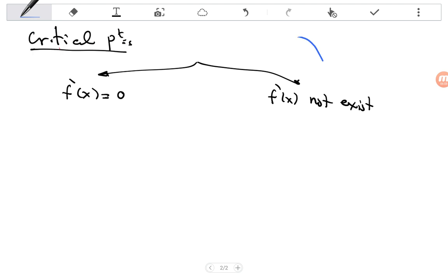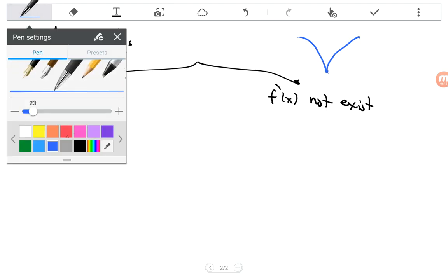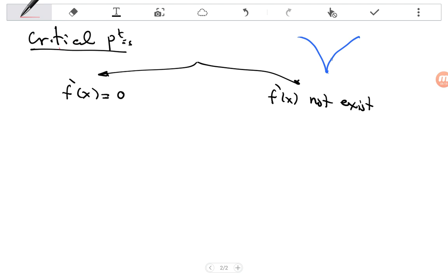For example, if I have this function, it has a local minimum at this point, but the derivative does not exist here. Why does the derivative not exist? Because if you find the slope of the tangent from the left, you will find that it is different from the slope of the tangent from the right.